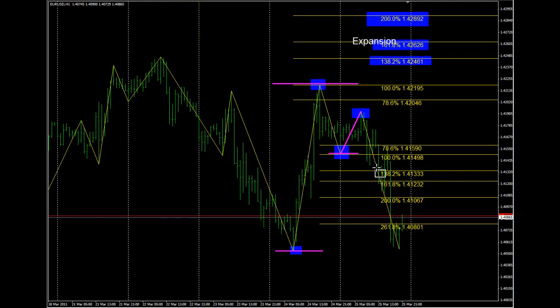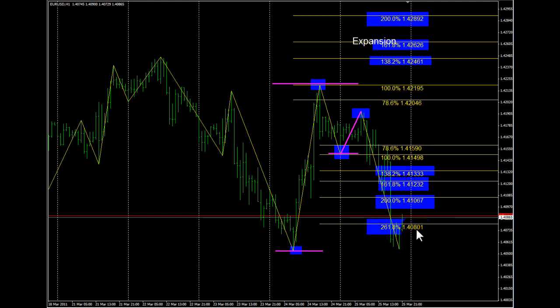We're expecting price to expand to the 138.2, the 161.8, the 200, or the 261.8. And obviously price at this particular point went down to almost the 200, went back to the 100, and then continued down to the 261.8 range.